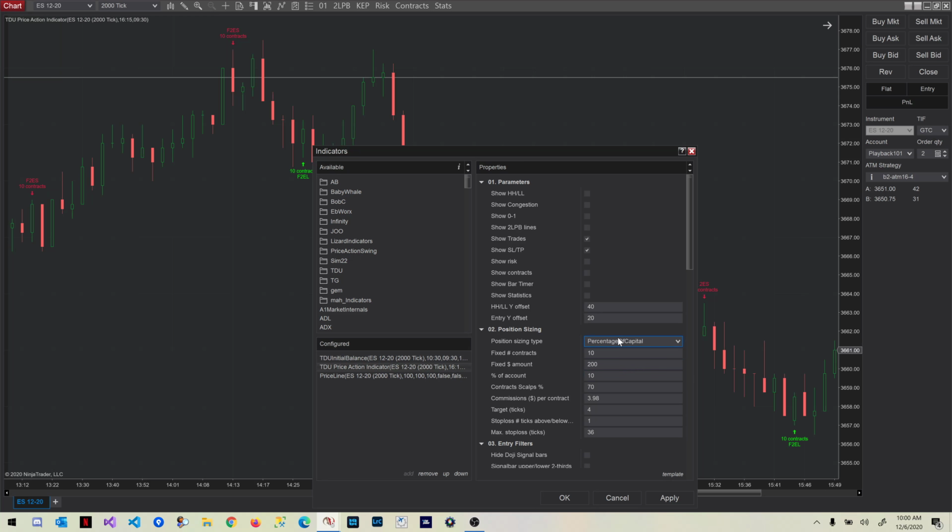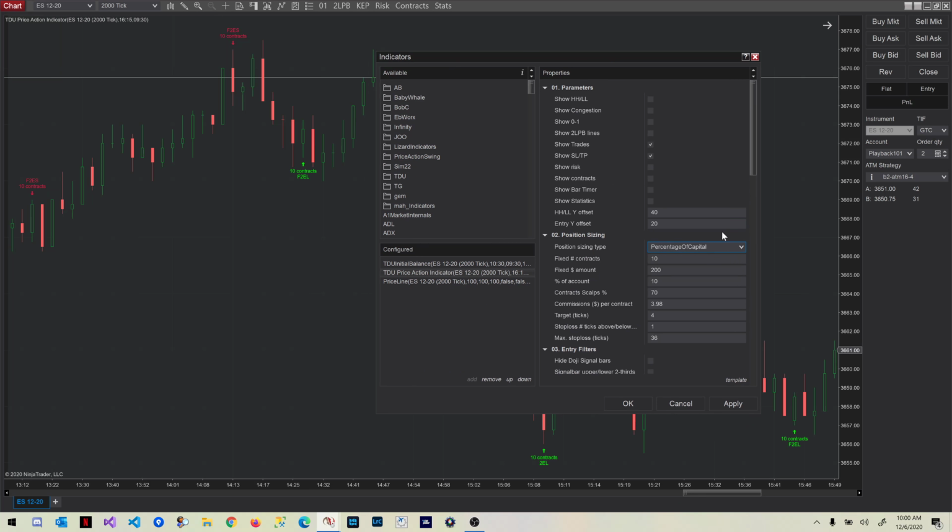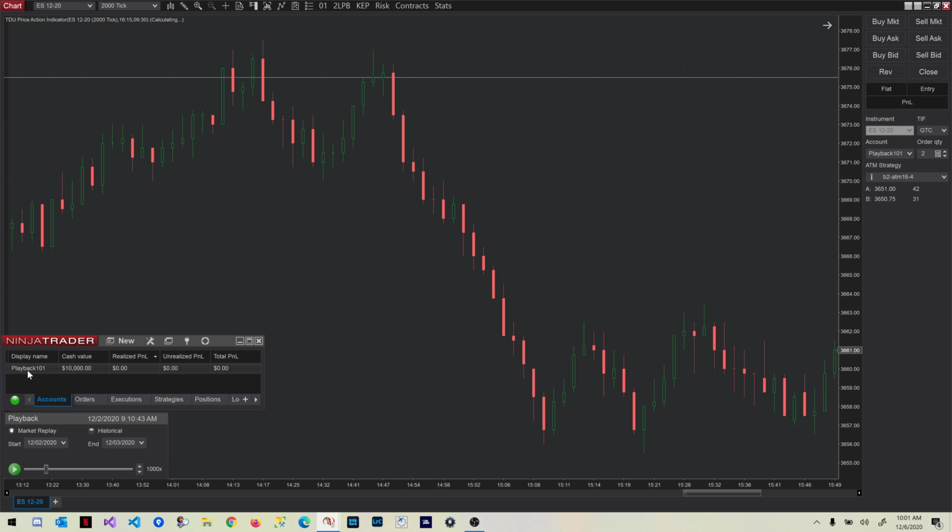But I really would like you to think about using a percentage of capital, because I think that's a better position sizing than using fixed contracts, and I'll try to explain why. So let's say we want to use 5% of our account for every trade. Now you can see I'm using playback mode.